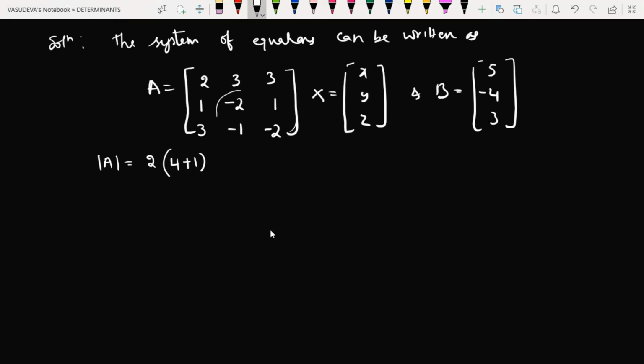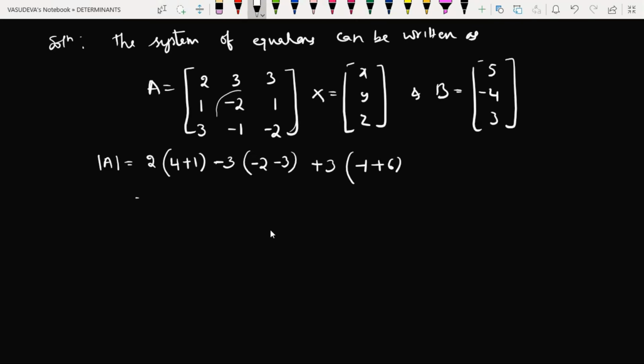So here then minus 3 into, taking the elements 1, 1, 3, minus 2, therefore minus 2, minus 3. Then plus 3 into the determinant of 1, minus 2, 3, minus 1. So 1 into 1 minus 1 is minus 1 plus 6.